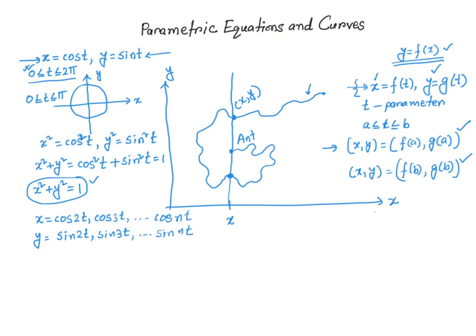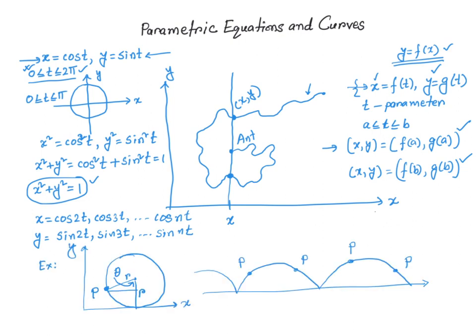It'll go around the circle n times. But this n does not have to be a positive integer. It could be a negative integer as well. It will just go in the counterclockwise direction. So that's what this set of equations represents.